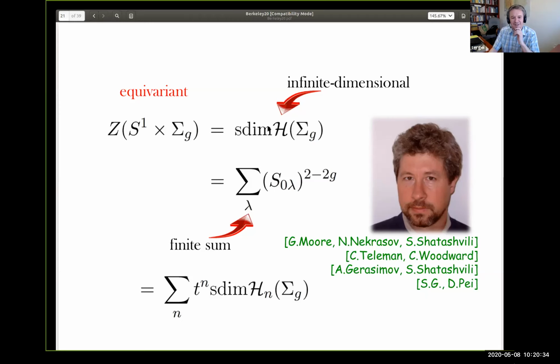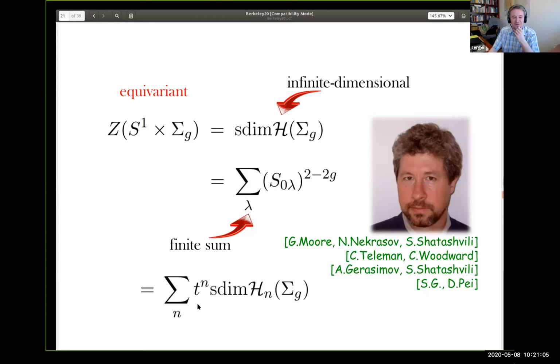Well, the idea that was in mathematical physics popularized by Moore, Nekrasov, and Shatashvili, who skillfully applied this to many other problems, and the context that I'll describe to you is closer to these works, is that if your Hilbert space is infinite dimensional, but has a grading, then you can basically consider the graded dimension of this Hilbert space.